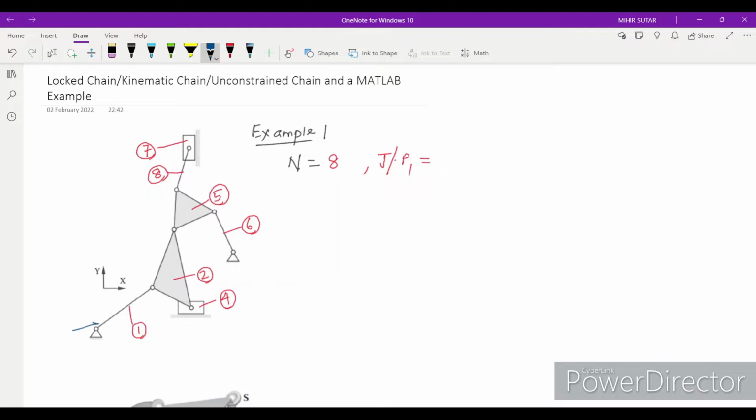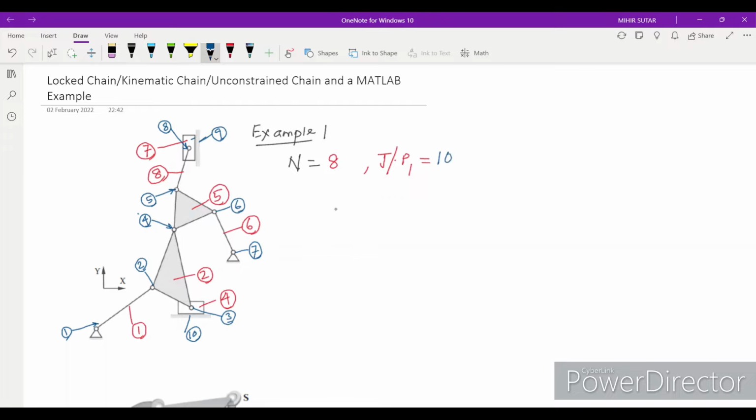So this is one joint, 2, 3, here you can see joint 4, 5, here it is 6, 7, then we have 8, then this slider with this fixed surface, so it will be 9, and this slider along with this fixed surface, so we'll have 10. So in total we have 10 joints.